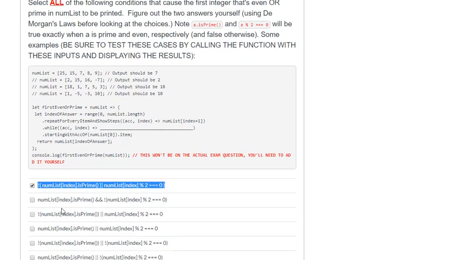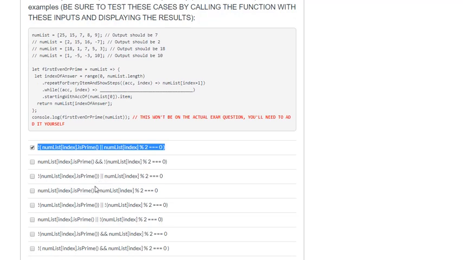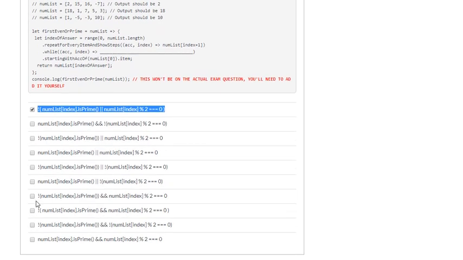So we're looking for numList of index is prime, or sorry, not prime, right? This one says it is prime. This one has an or, right? We're looking for an and. This one says numList of index is divisible by 2. So here we go, right here. So numList of index is not prime, and numList of index is not divisible by 2.